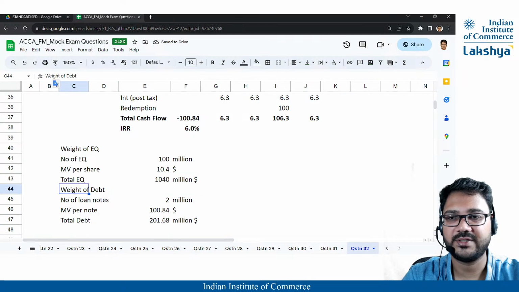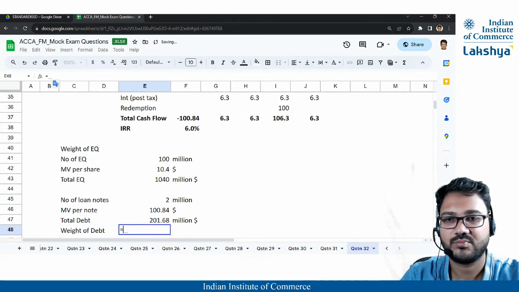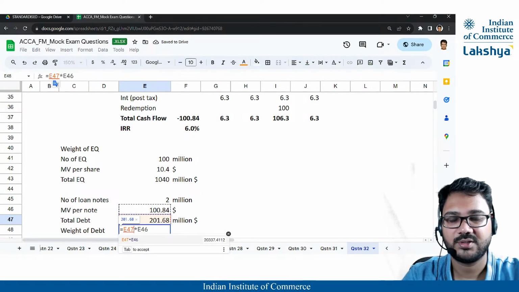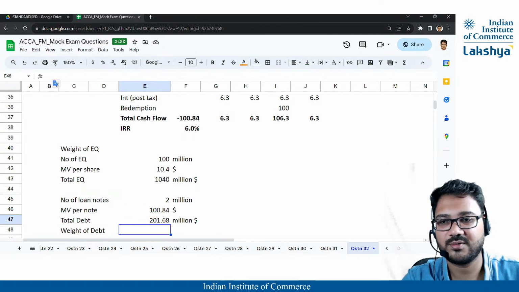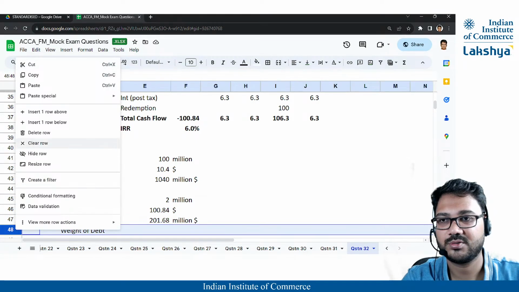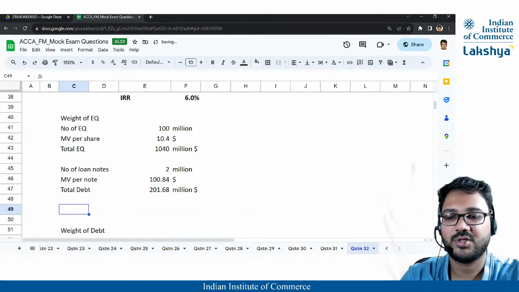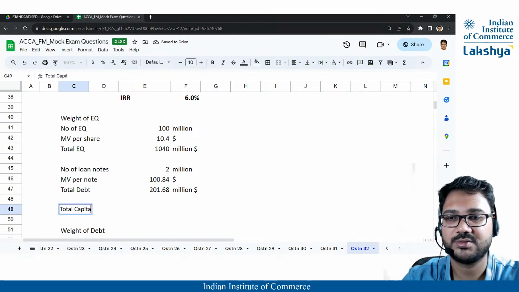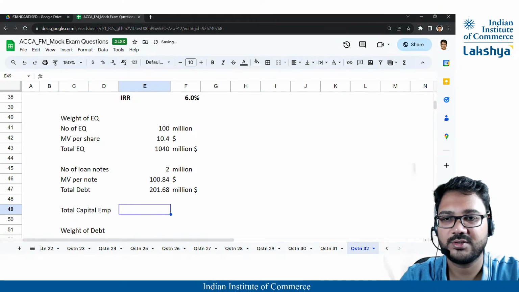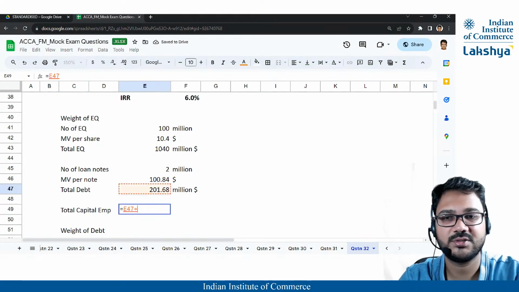So weight of debt will be this divided by total capital employed, which is debt plus equity, this plus this.